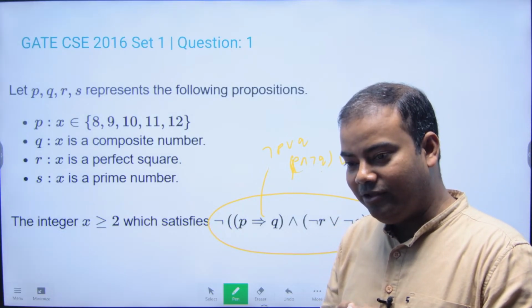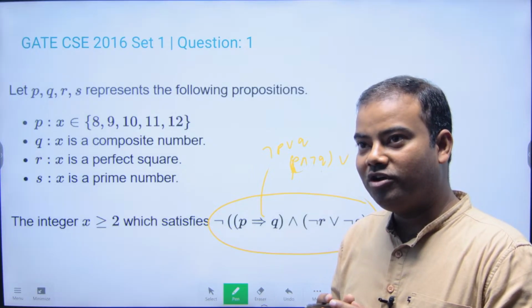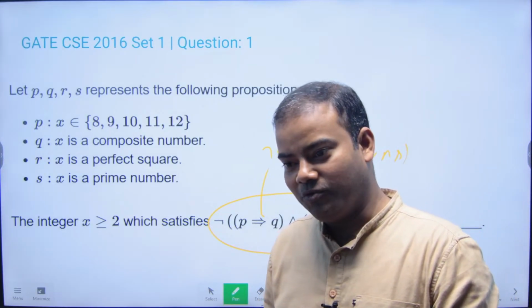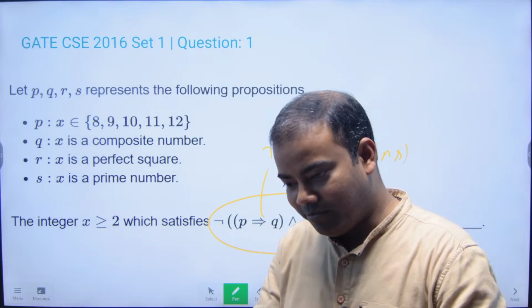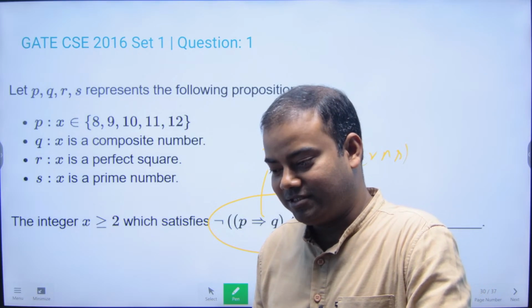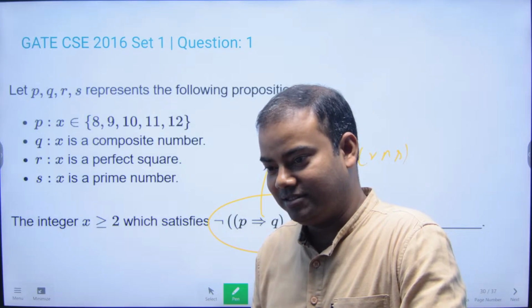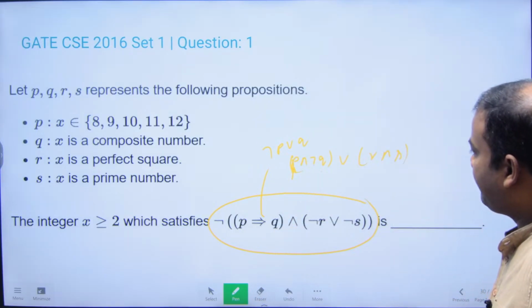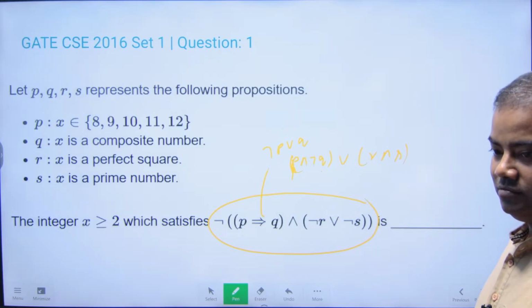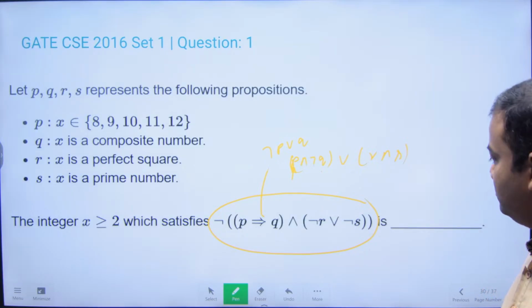Why am I telling you to think like this? Because you understood this and you understood logic also. What is the advantage of that? When you write, the chances of wrong calculation will be less. Now it is easy.